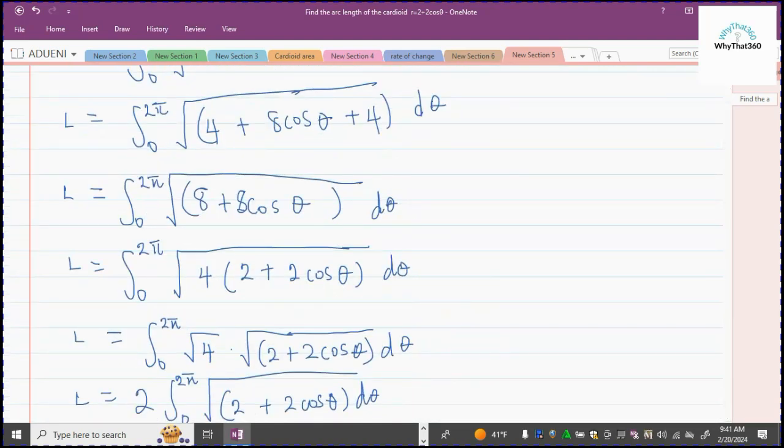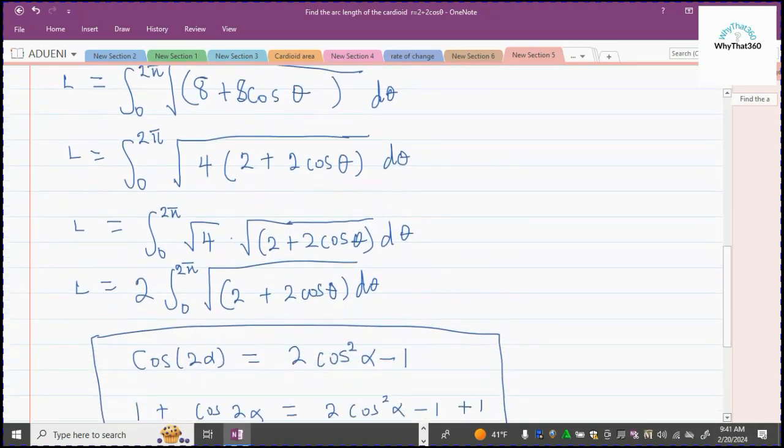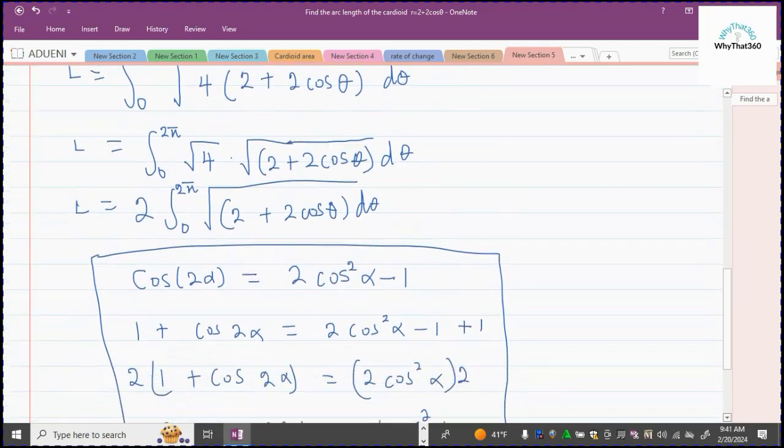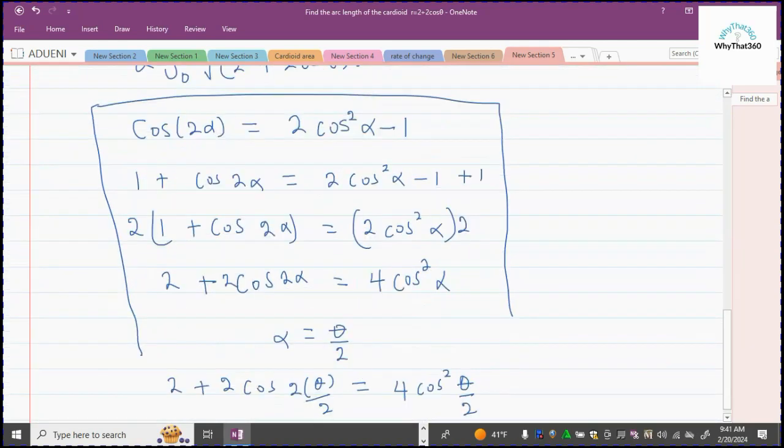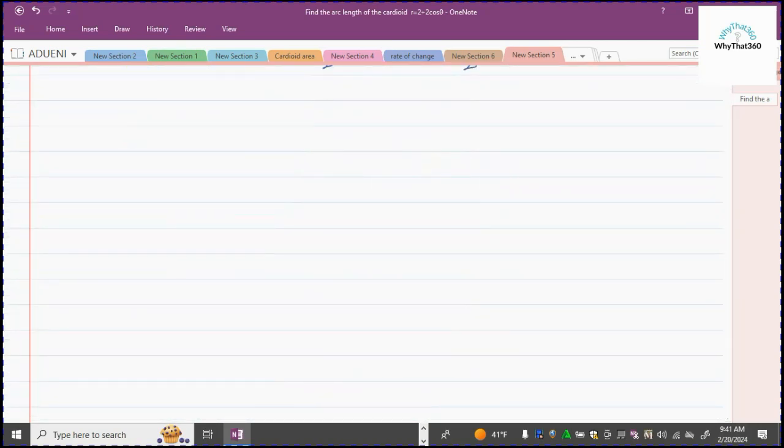We had L is equal to 2 times the integral of 2 plus 2 cos theta. So I will write that down here, and then we do the substitutions that we wanted to do.